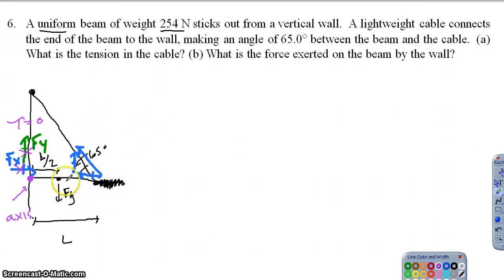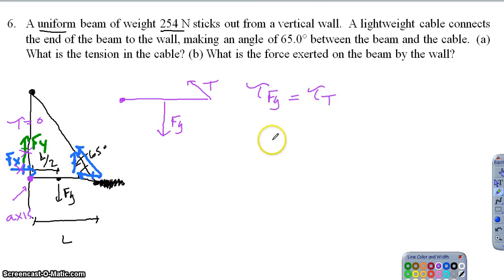Instead, I only have two forces that contribute to the torque. If I resketch this picture, here's my axis of rotation. The force of gravity is pulling down, and my tension is pulling up off at that angle. I know that the beam is not rotating, and that tells me the torque caused by the force of gravity has to be equal to the torque caused by the tension.